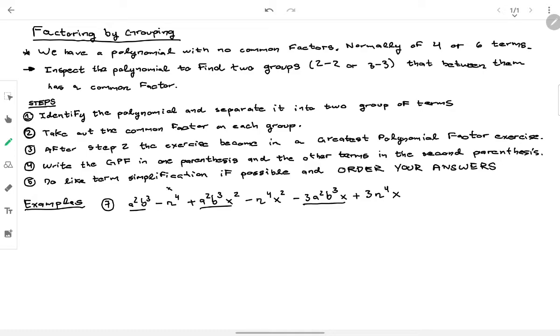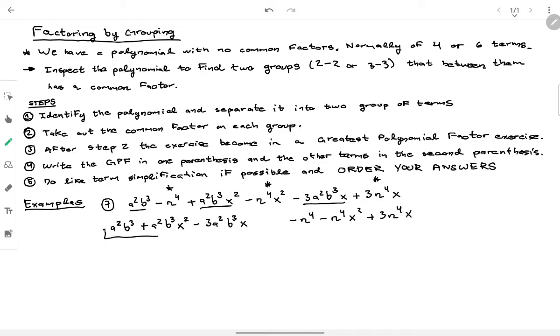And of course, those that have n to the 4, so I will write it like a squared b cubed plus a squared b cubed x squared minus 3a squared b cubed x. Then in the other groups, it's going to be minus n to the 4 minus n to the 4 x squared plus 3n to the 4 x.